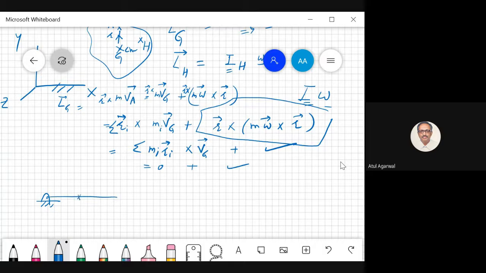What is the velocity of every point in the bar? It is going around with angular velocity omega. So the velocity of any particle here is omega r, r is the radial distance. What is the velocity of the centroid? Suppose the bar is of length L, omega L by 2.